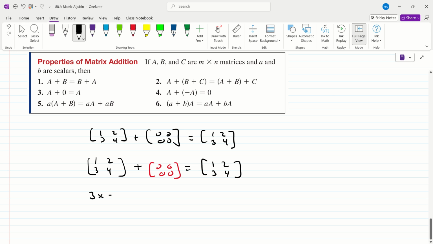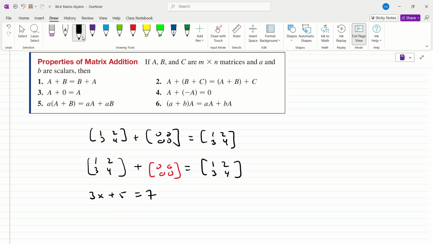Consider 3x plus 5 equals 7. How would you solve that equation? Well, one way to do it is to ask yourself, is there something you can add to 5 to give you 0?